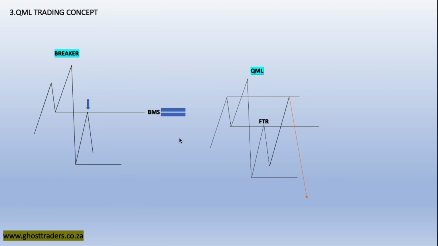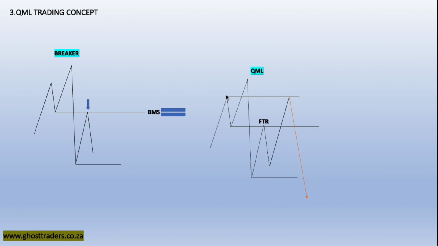Okay, so the only difference is whenever we're talking about a breaker structure, what we are anticipating is price to get to this level here, and this is where we're going to be looking for our trade. But then on a QML structure, this is where we're going to be looking for our setup.